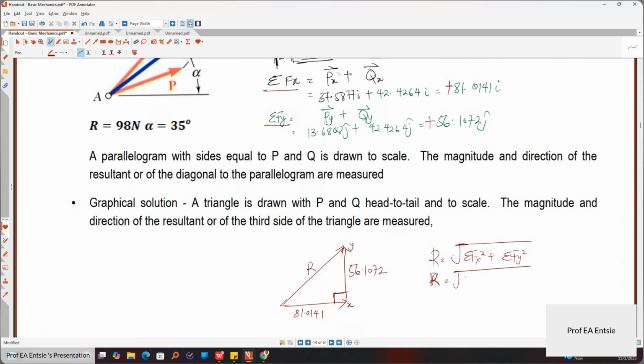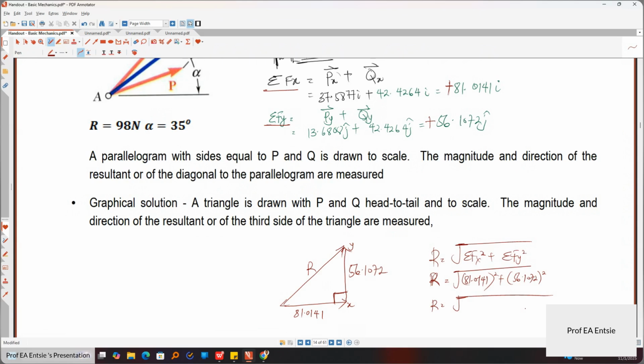So x is 81.0141 squared plus 56.1072 squared. So now let's punch whatever is in the square root.